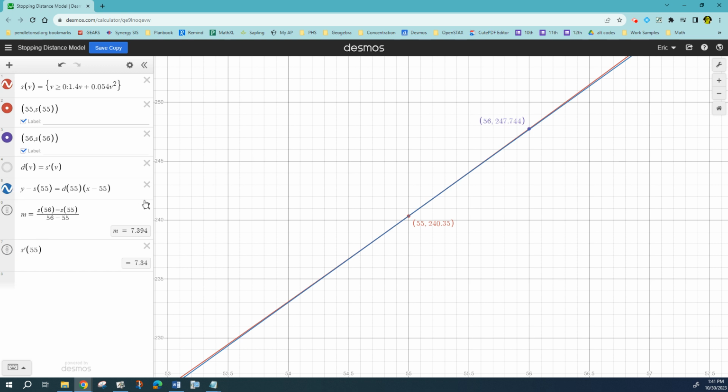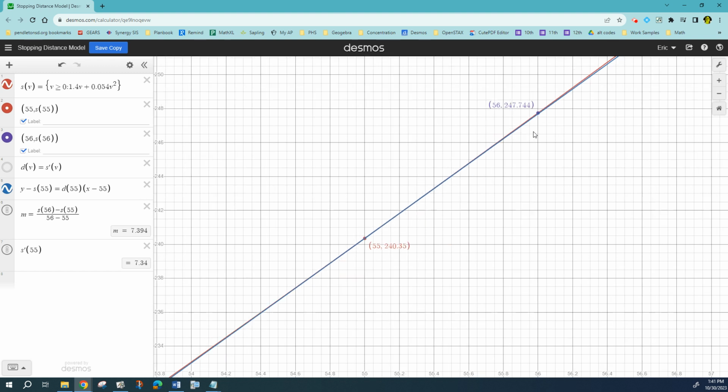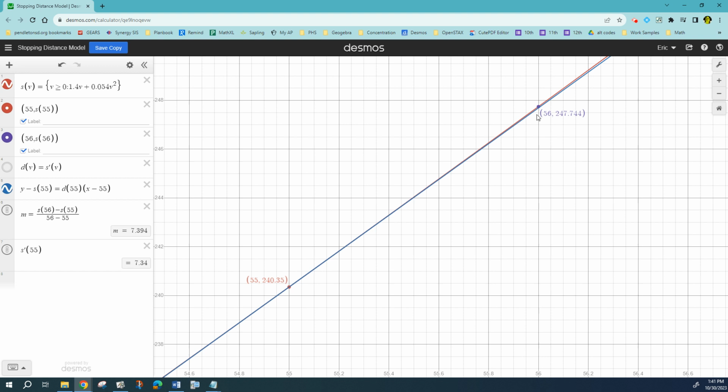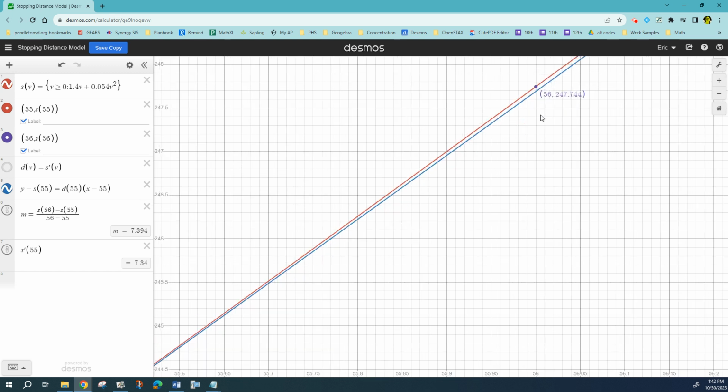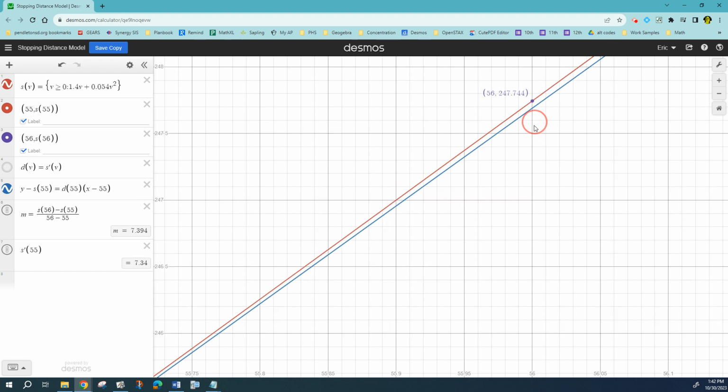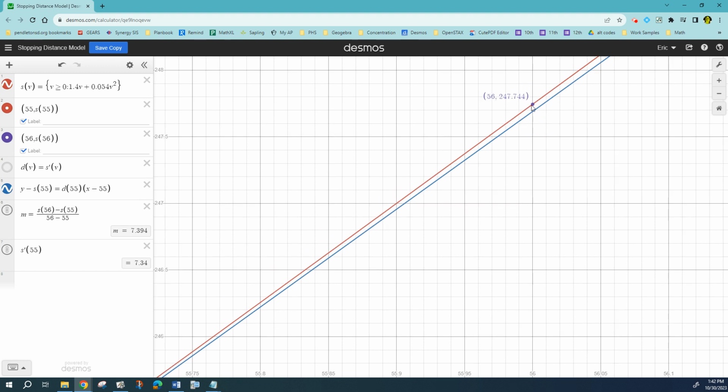Where's my other point? I thought I had another point on there. I guess I don't. Here's why. If I focus in on this upper point, the blue line is the tangent line at 55. Notice that it doesn't actually pass through the point at 56.